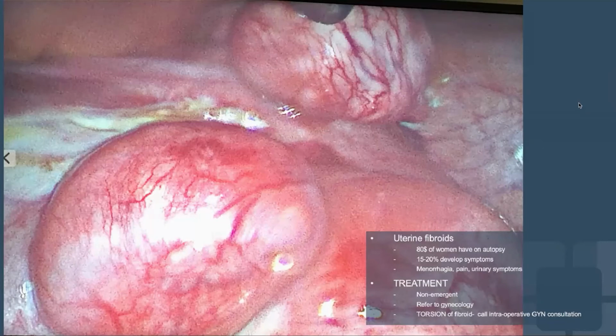These patients oftentimes have menorrhagia, pain, urinary symptoms, as we discussed before. The treatment's non-emergent. Refer to gynecology unless you see torsion of the fibroid, in which case it might be purple and causing a lot of pain. Then that is something easily removed and would be very helpful to be removed. Call intraoperative gyne consultation for that one.